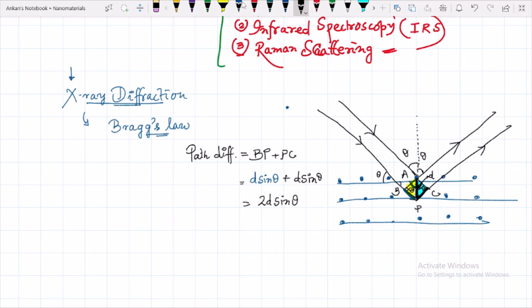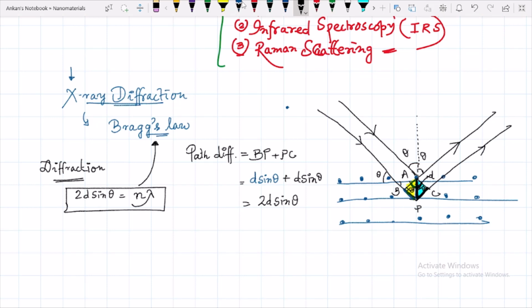Now, according to the laws of diffraction, to get the maxima, the principal maxima, the path difference should be equal to some integral multiple of lambda. This is the condition for Bragg's law.